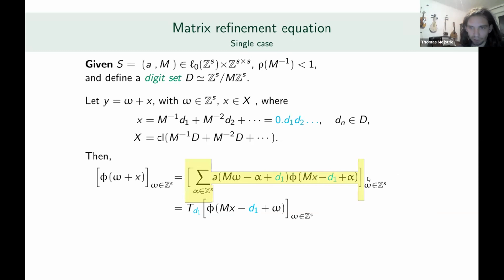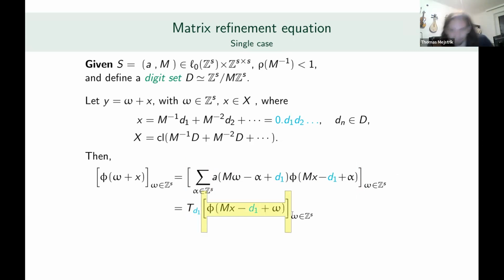If one looks at this, one sees this is a matrix-vector multiplication of a bi-infinite matrix T_d1 times an infinite vector here. And the nice thing is the stuff which remains here is Mx minus d1, and this is exactly the number 0 dot d2, d3, and so on.